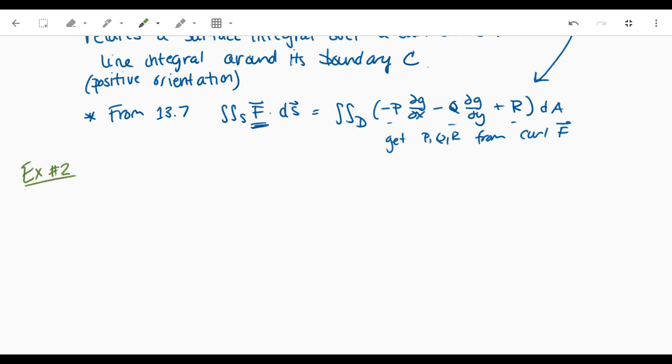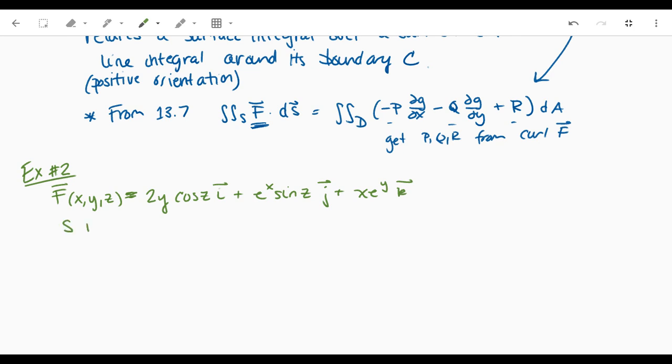They give you that F of x, y, z equals 2y cosine z i plus e to the x sine z j plus x e to the y k.